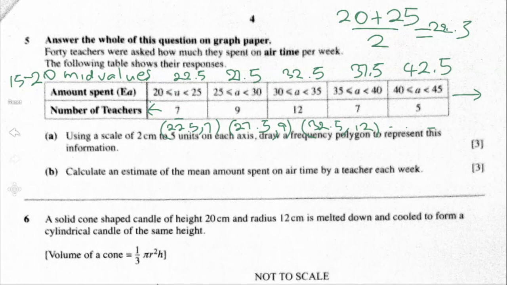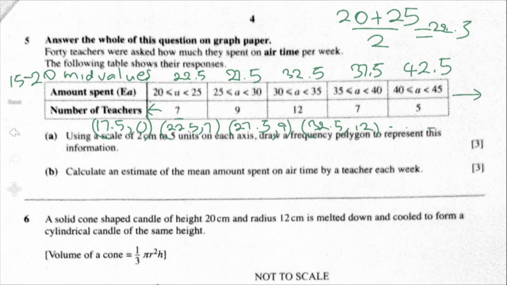What will be the mid value of the group 15 to 20? 15 plus 20 divided by 2 gives 17.5, so on this side our coordinate will be 17.5 comma 0, for our graph to touch the x-axis.